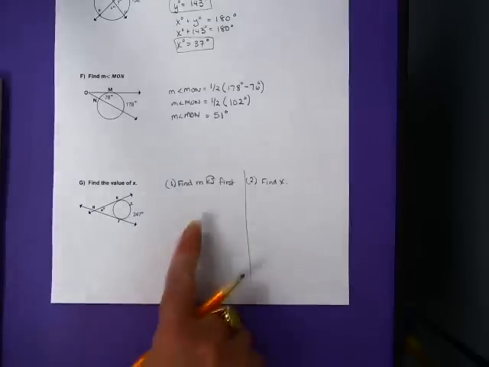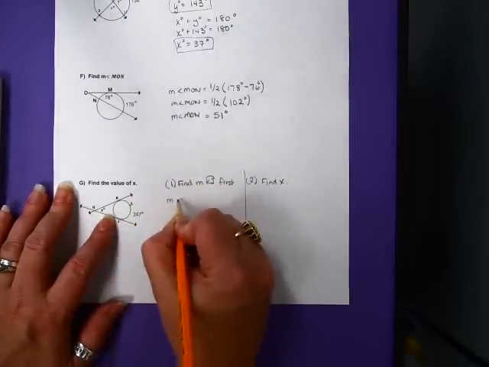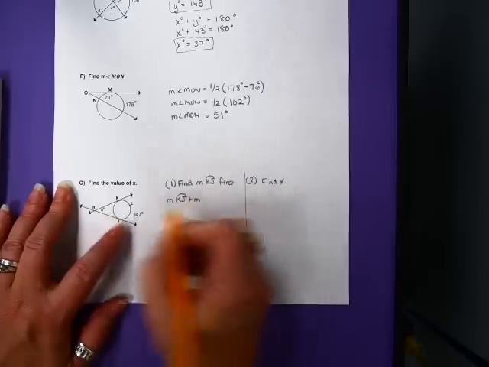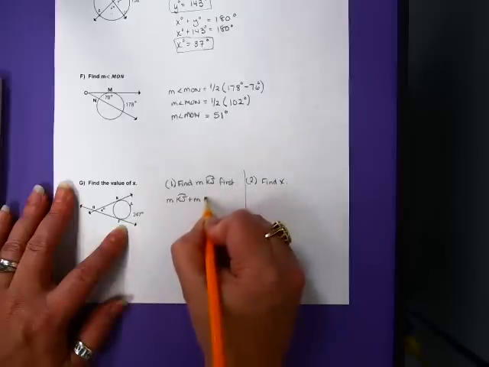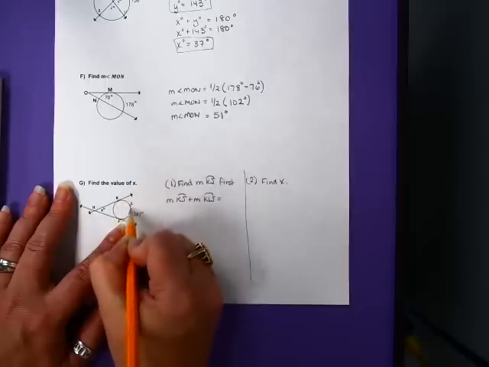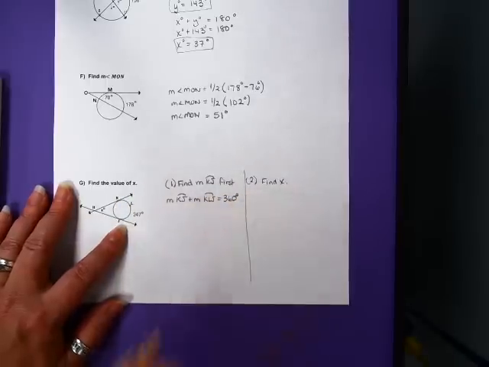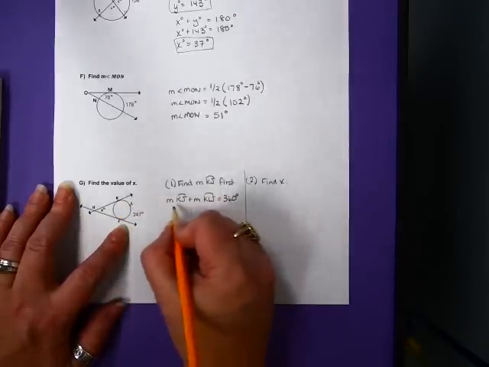First, I know that the measure of the small arc, which is KJ, plus the measure of the large arc, which is not KJ, it's KLJ. That's how you can tell the difference. When you add those together, it's going to be 360 degrees. It's going to go all the way around the circle. We know the large one is 247.